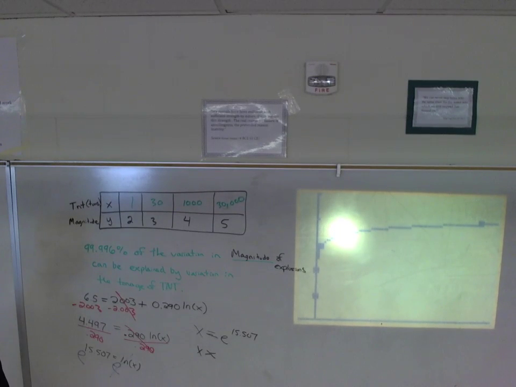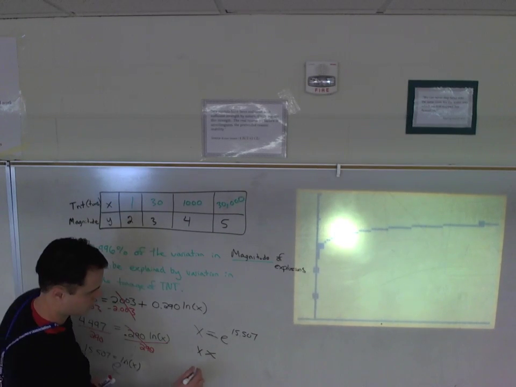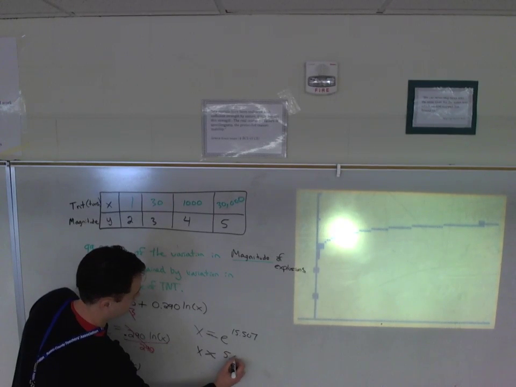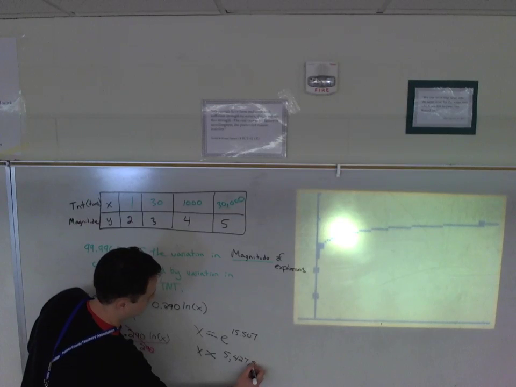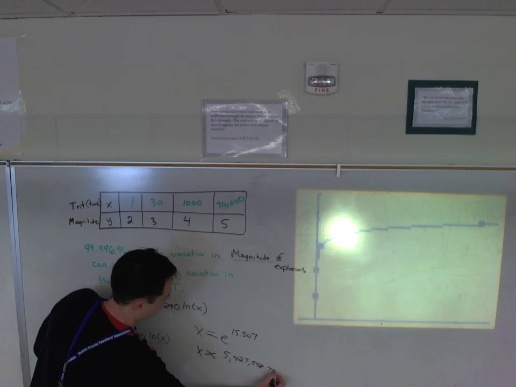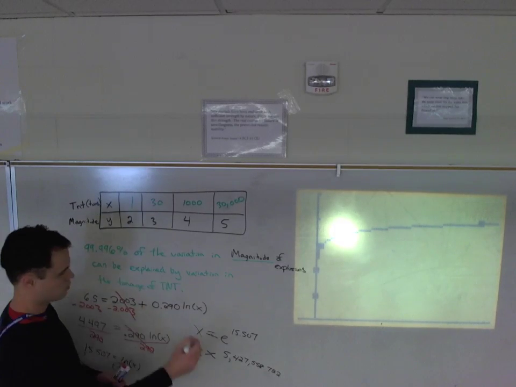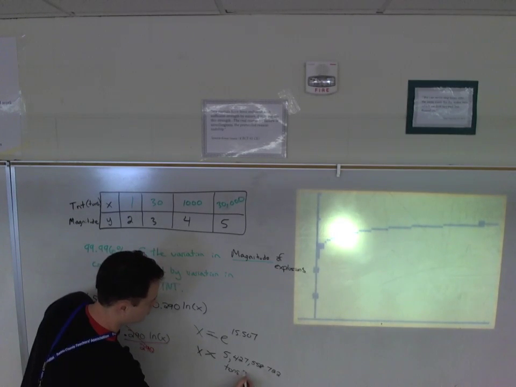I'm betting like 50,000, 60,000. Oh. 5,427,558.722. Thank you. What are the units? Tons of TNT.